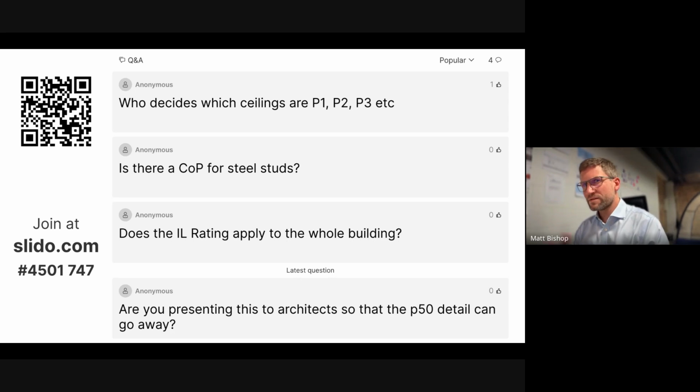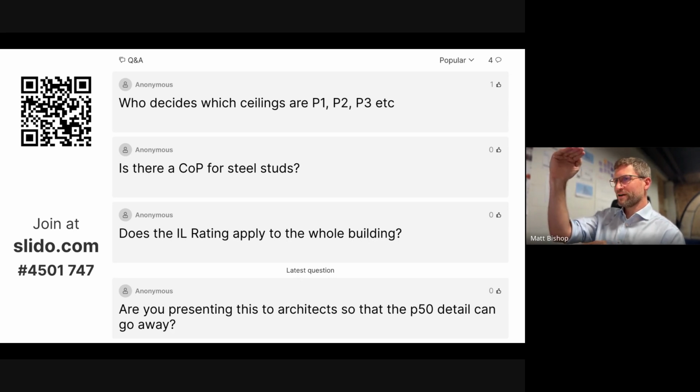But this is the same as the third question down there. Does the importance level rating apply to the whole building? Depends. We've had projects where a building is categorized as IL3 apart from 2 floors which they've decided are IL4. And I always thought that was a bit nutty.